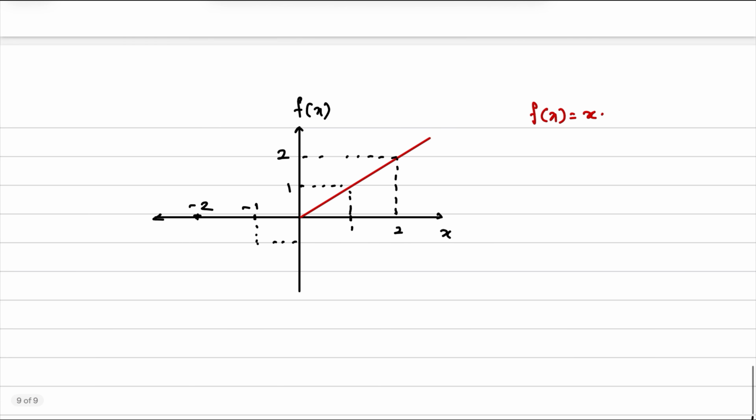That means it extends to negative also like this. If x is equal to minus 2, y is equal to minus 2. This is a function, a straight line with unit slope and no intercept.